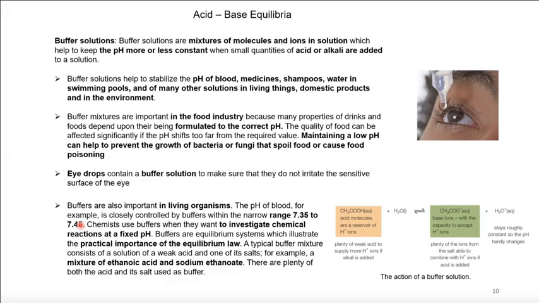Let's talk about a typical buffer. A typical buffer mixture consists of a solution of a weak acid and one of its salts. For example, a mixture of ethanoic acid and sodium ethanoate. This will give us a buffer solution. It will have a particular pH.